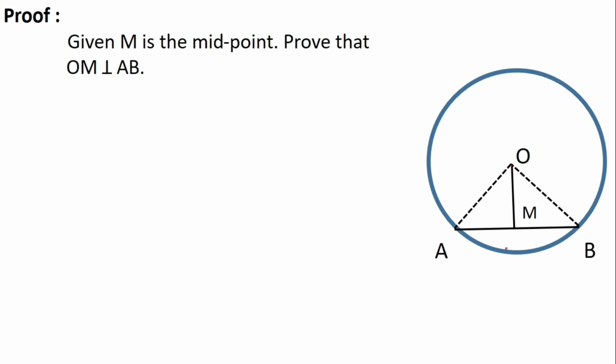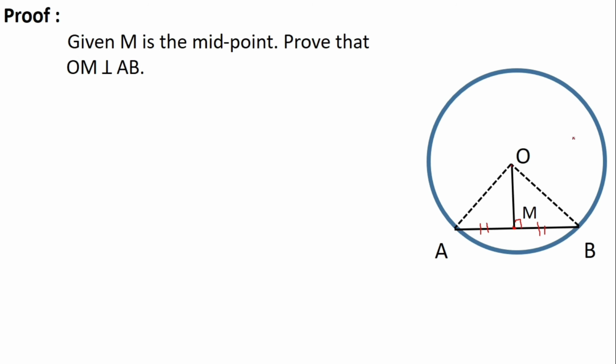It bisects the chord, which means the point of contact M is equidistant from the two endpoints of the chord. So AM will be equal to BM. Now we need to prove OM is perpendicular to the chord AB.